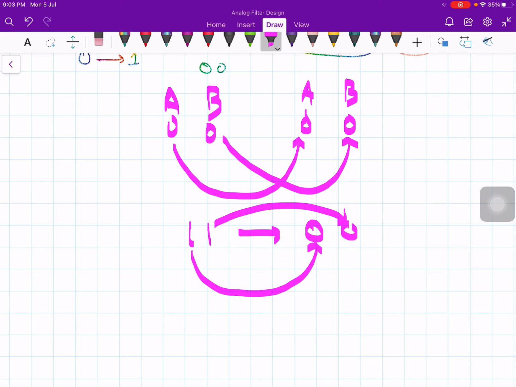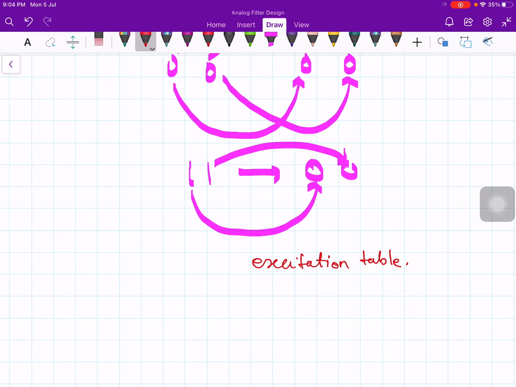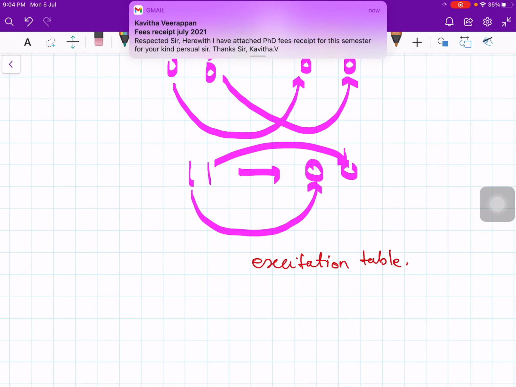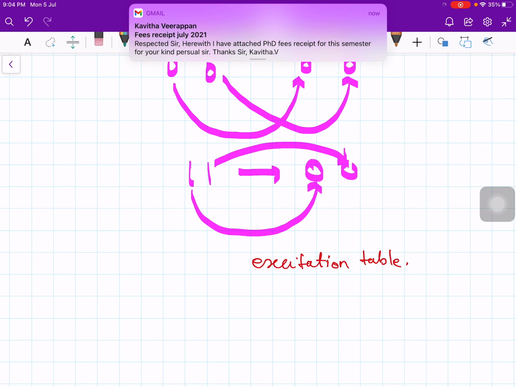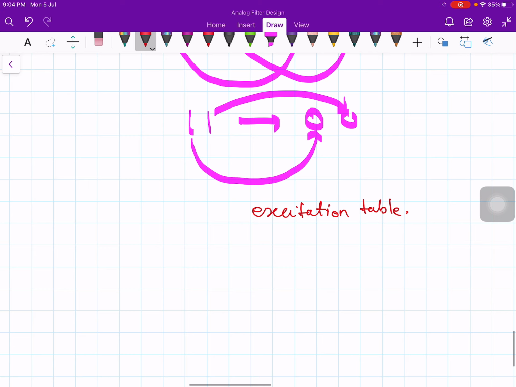Excitation means input. So for this reason we need a table that lists the required inputs for a given change of state, and that is called the excitation table. Now let us find the excitation table for the JK flip-flop and then the T flip-flop. First let us look at the JK flip-flop.